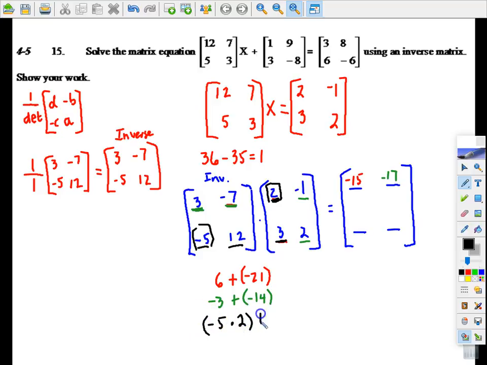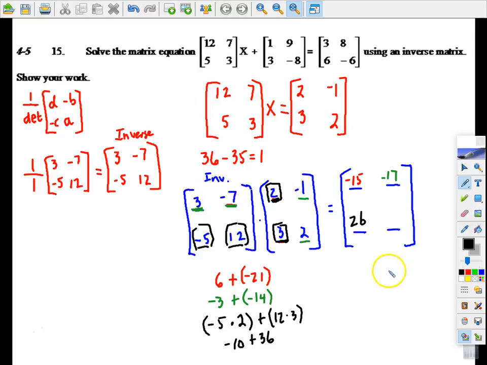Okay, plus, and now do the others, 12 times 3. Okay, notice how we matched up first times first within row times column, first times first plus second times second, and this is going to be -10 plus 36, and that's 26.